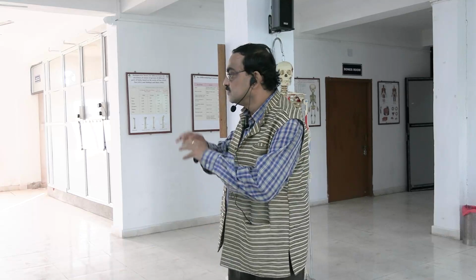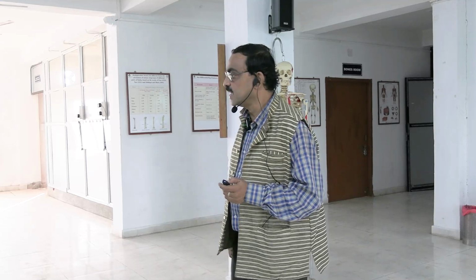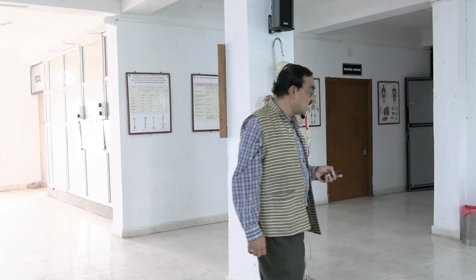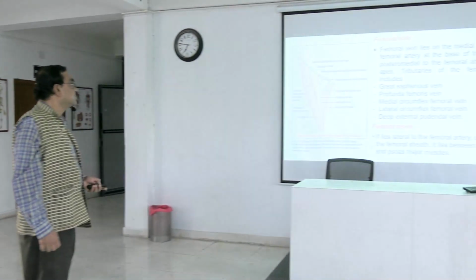The femoral vessels and the femoral canal are covered with a tough jacket of fascia, and that fascia is called the femoral sheath. So the femoral sheath covers the femoral artery, femoral vein, and the femoral canal. We will see it in another slide.